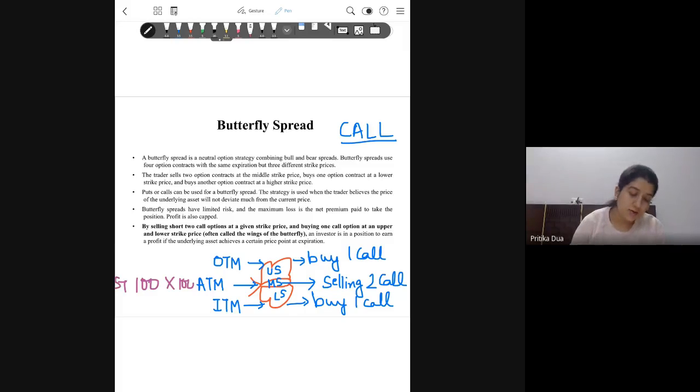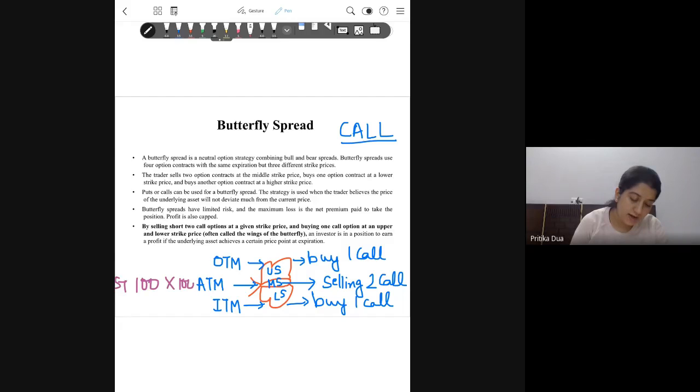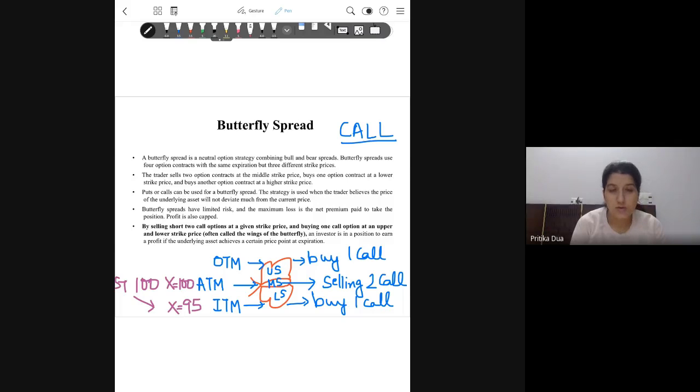Okay. Now the second scenario is when the spot rate is 100 but the exercise price, that is the price at which you are buying the call contract, is 95. Okay, so this option contract is already in the money.